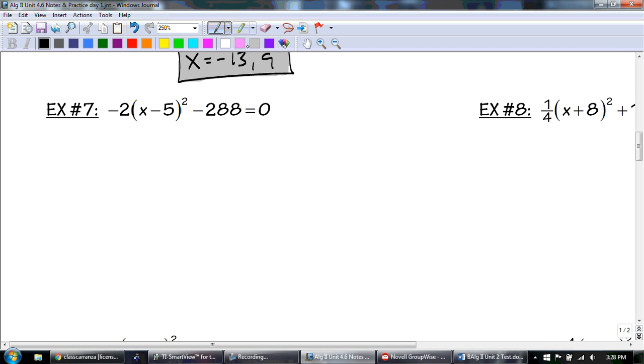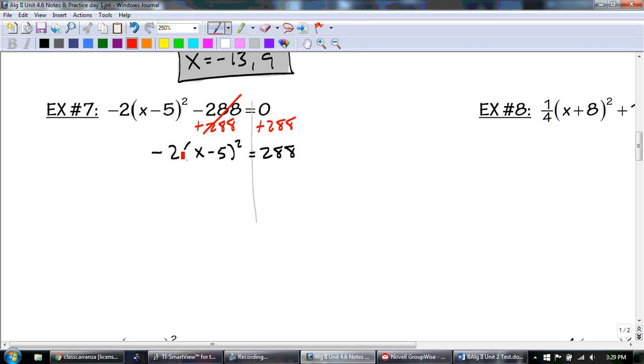All right, number 7. Same thing. Cancel addition or subtraction first. I have subtraction, so I'm going to cancel it with addition. And we have -2 times (x - 5)² = 288.